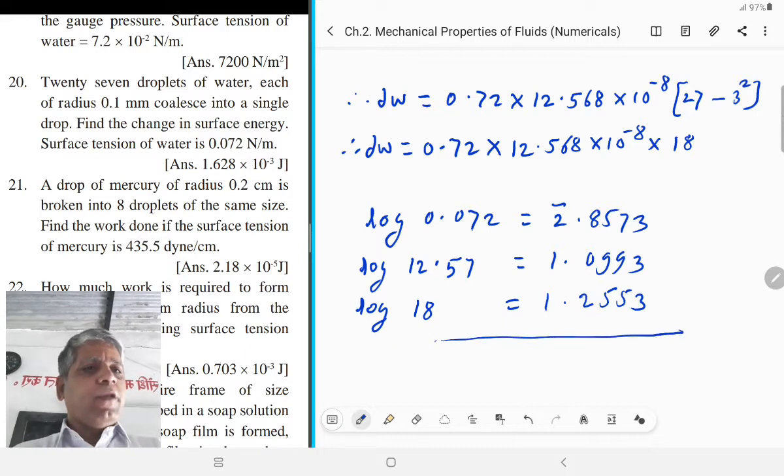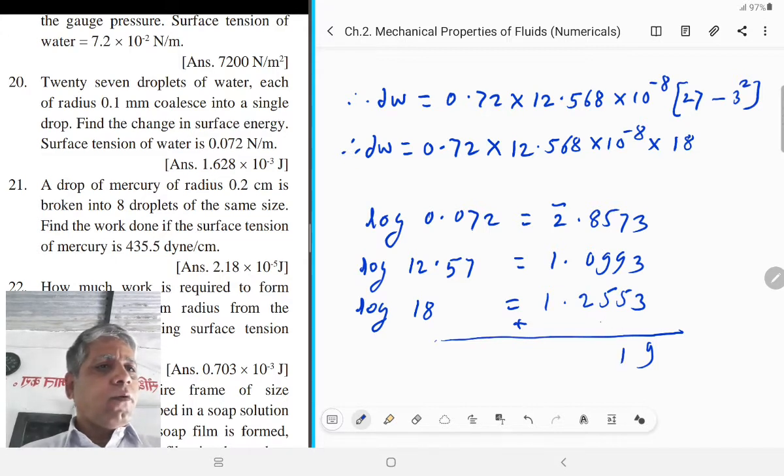Here is multiplication, so add all these logs. We get 3 plus 3 plus 3 is 9, 7 plus 9 is 16 plus 5 is 21, 2 carry, 9 plus 5 is 14 plus 5 is 19 plus 2 is 21, again 8 plus 2 is 10 plus 2 is 12, 1 characteristics. 1 plus 1 plus 1 is 3, 3 minus 2 that is 1.